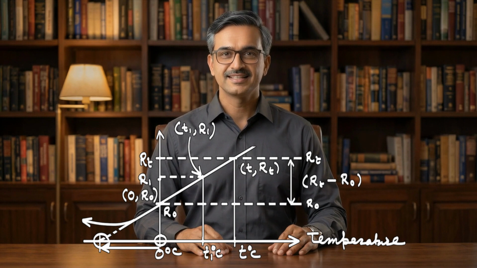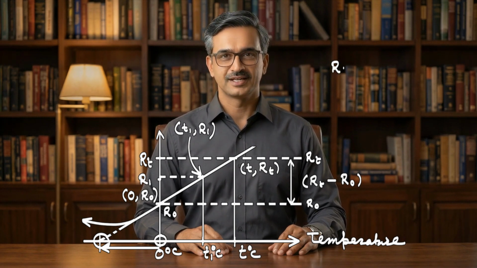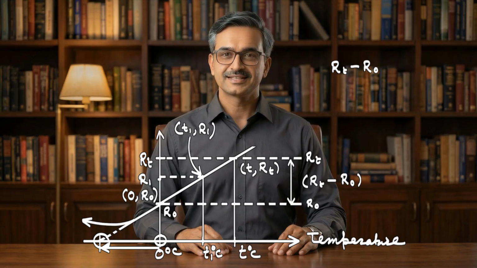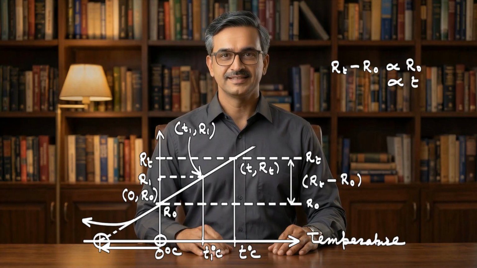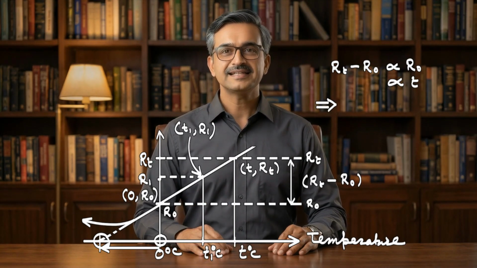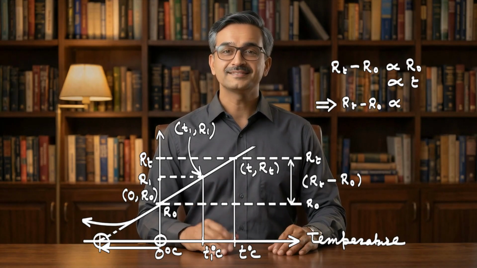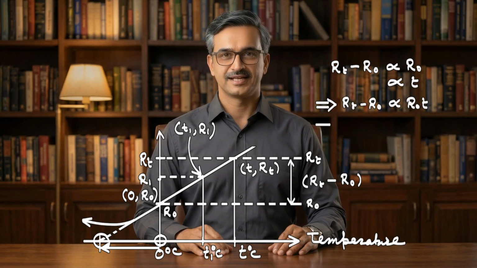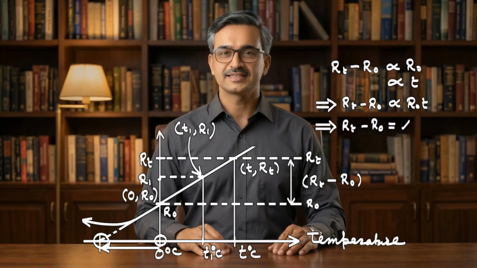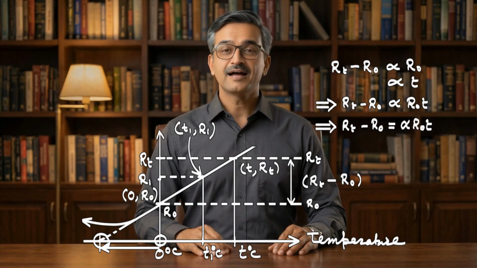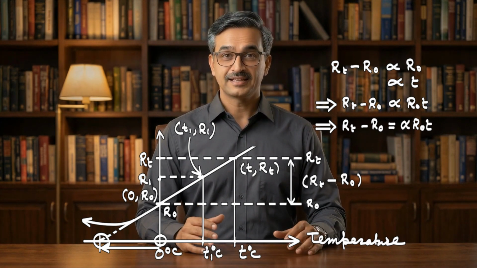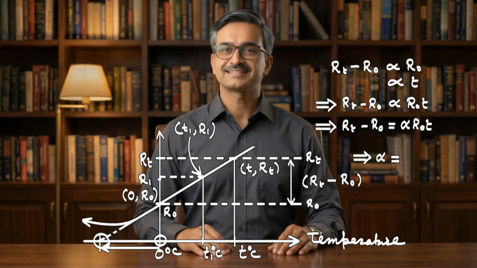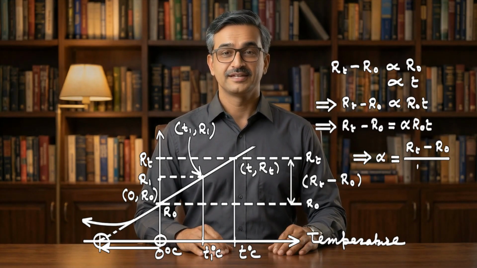The change in resistance, that is, RT minus R0, is directly proportional to the initial resistance R0 and also directly proportional to the change in temperature T. So we can write RT minus R0 is proportional to R0 into T. Removing proportionality, we write RT minus R0 equals alpha into R0 into T. Here, alpha is called the temperature coefficient of resistance. Now from this equation we can write alpha equals RT minus R0 divided by R0 into T.